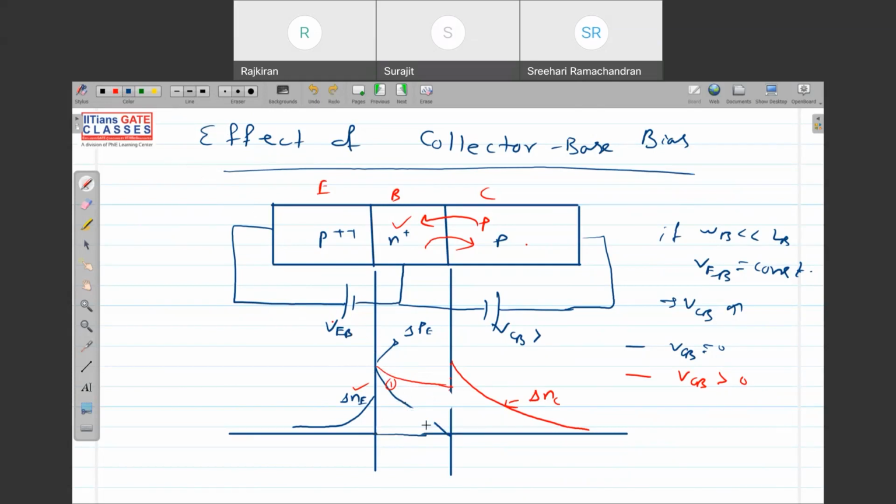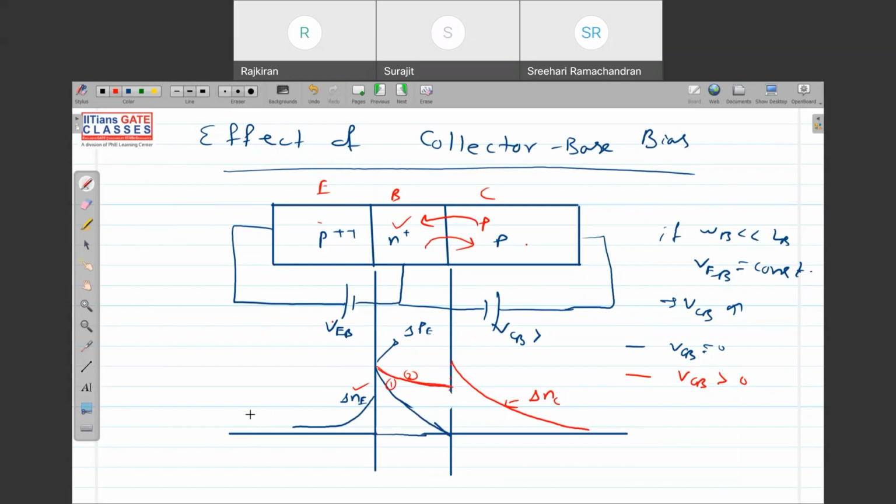Here, case 1. In case 2, it will be like this, because it is the summation of the holes injected from collector to base plus the holes injected from emitter to base. So the profile will be like this in the second case.